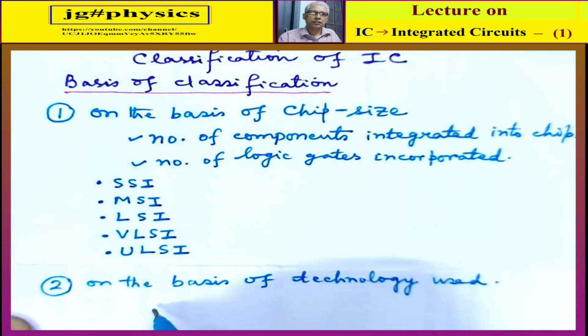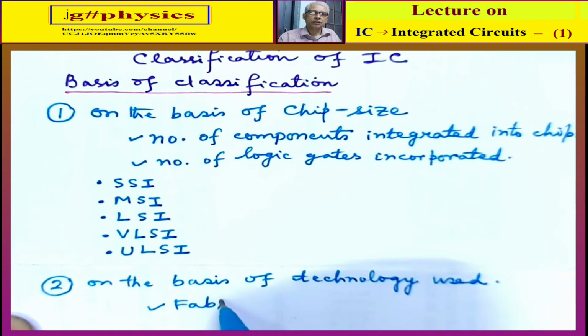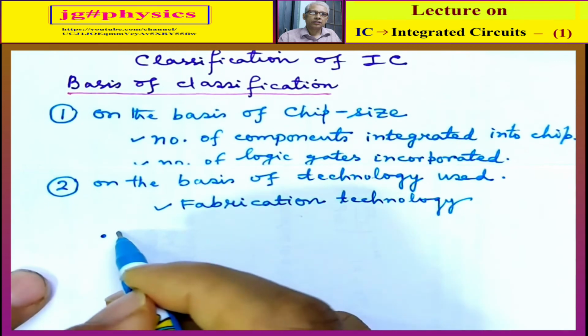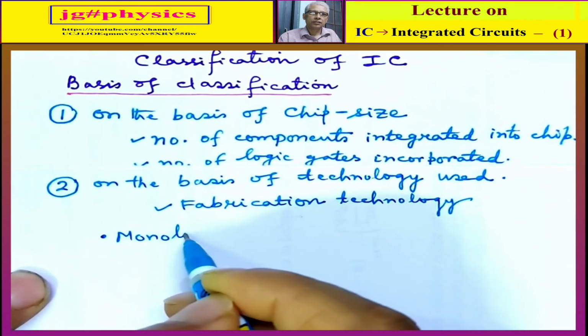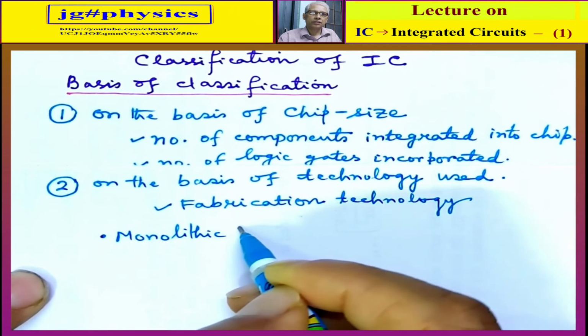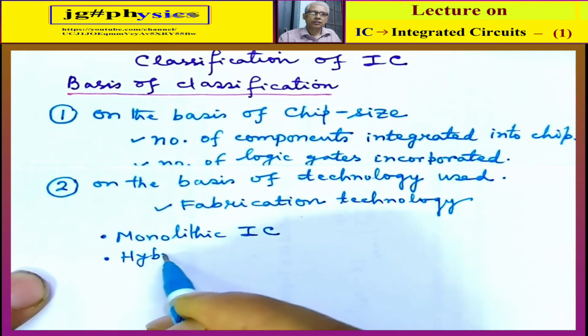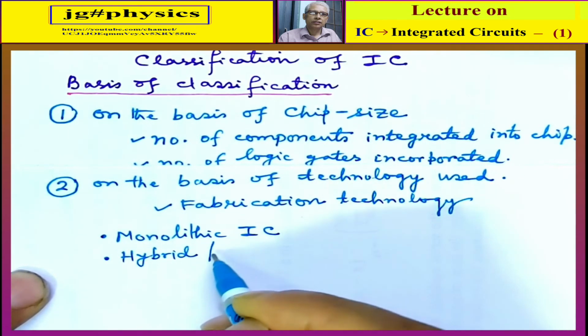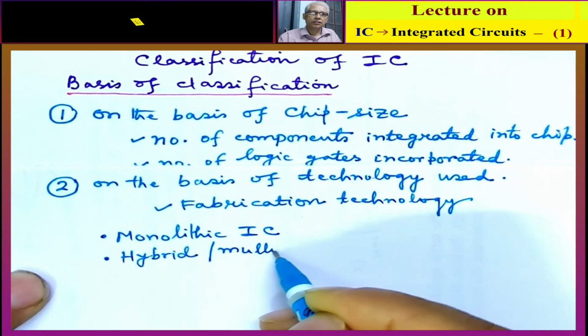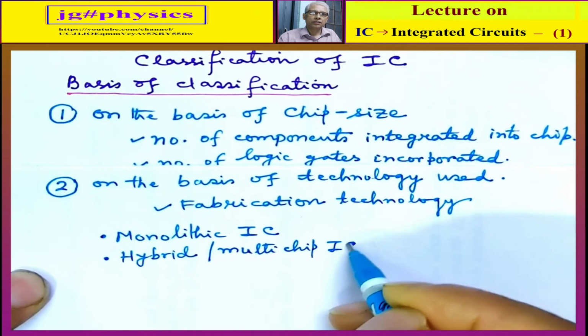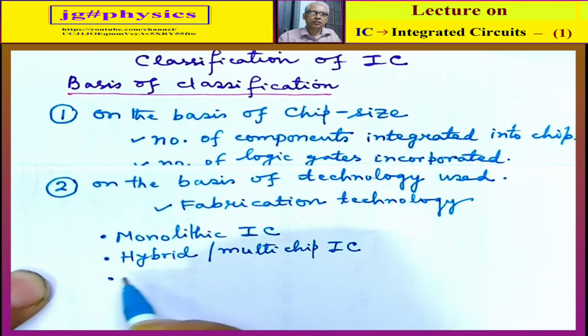In other words, depending upon fabrication technology, how fabrication has been done, we shall come across then terms like monolithic IC, hybrid or multi-chip IC, thick and thin film IC.